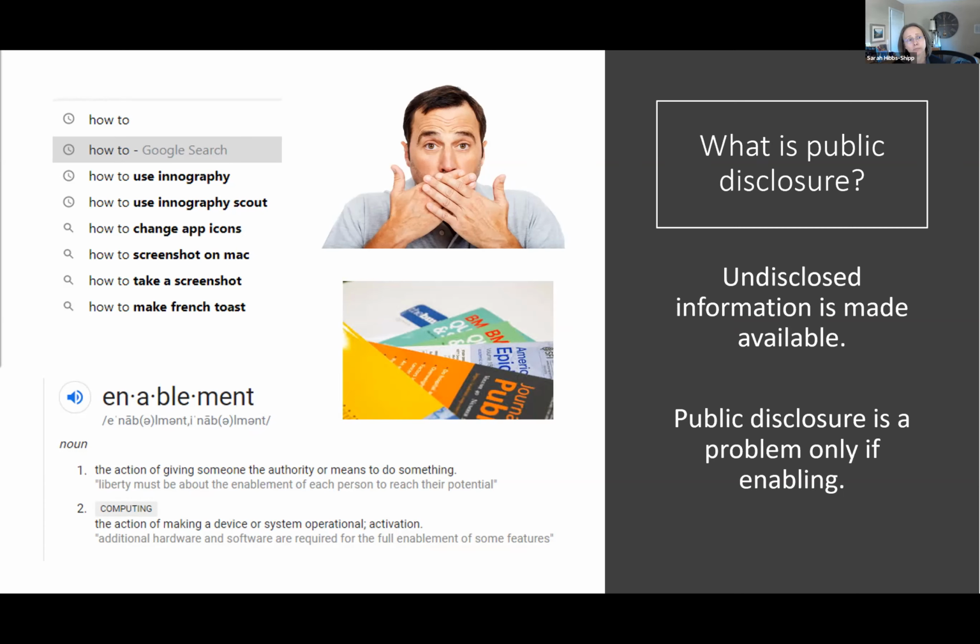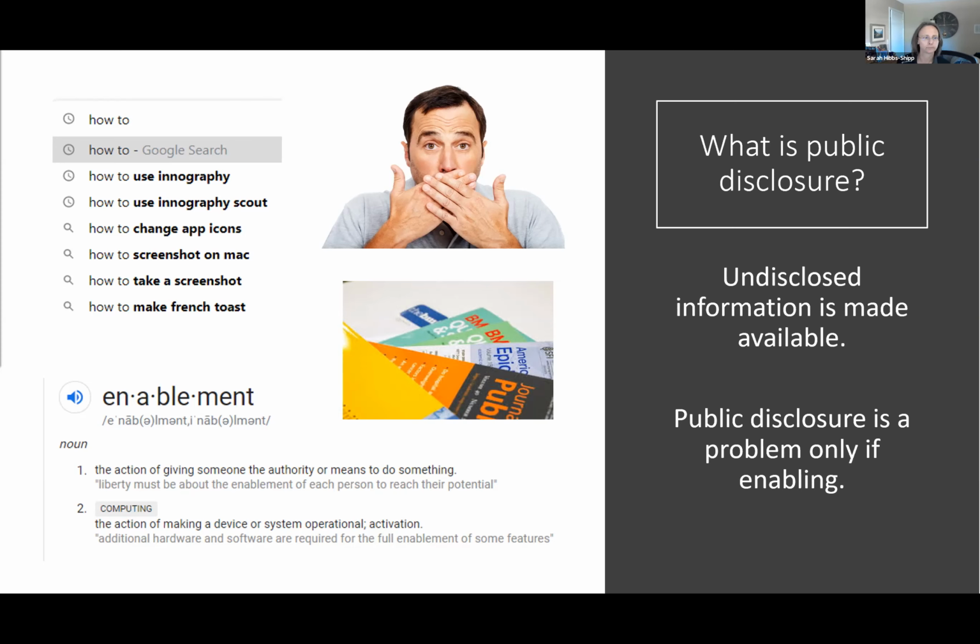That really makes it impossible for us to patent it. So the key is that it has to be enabling, right? It's this sort of how-to concept. You can talk about your innovation as much as you want, so long as you do not give somebody in the public enough information that they can go out and practice it, that they can recreate it, that they are now enabled to have the same innovative idea.